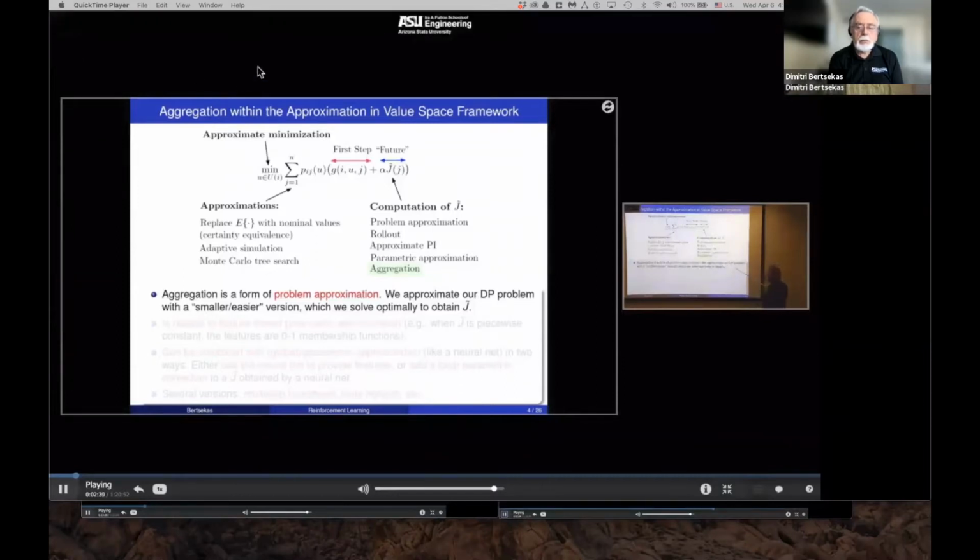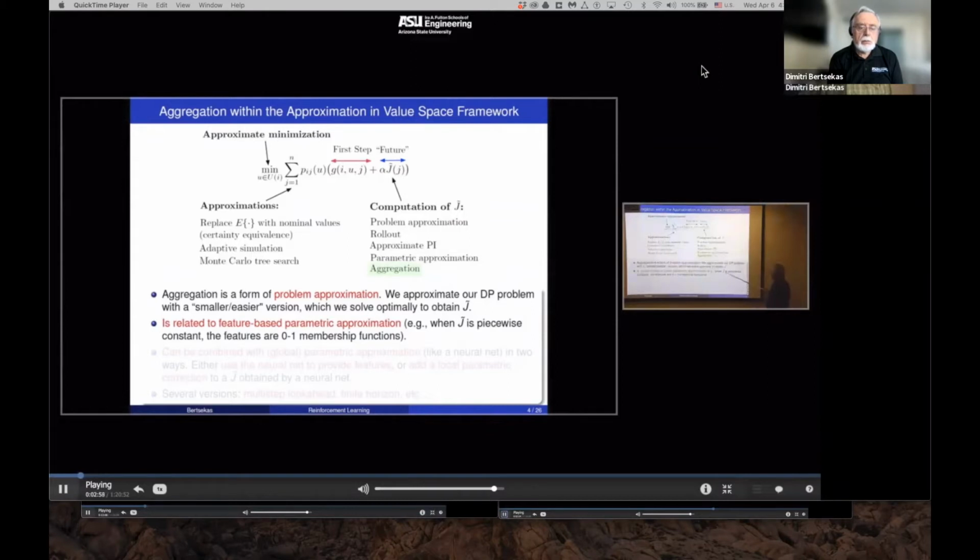Basically, we approximate our dynamic programming problem with a smaller and easier, less dimensional version. We solve it optimally, and we obtain J tilde in this way. It is also related to parametric approximation because we are going to see that it produces J tildes that can be viewed as feature-based approximations.